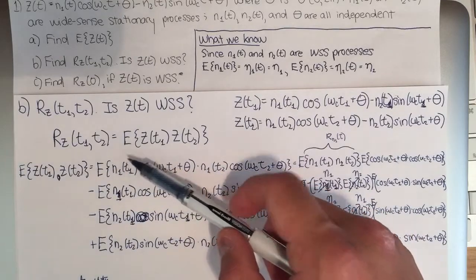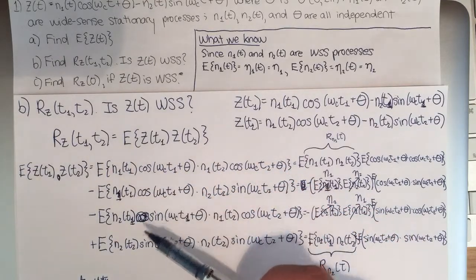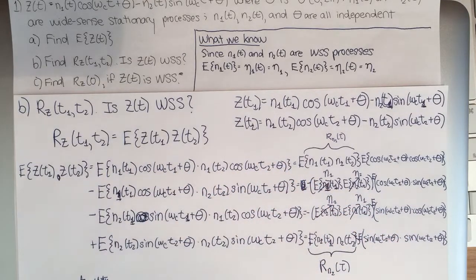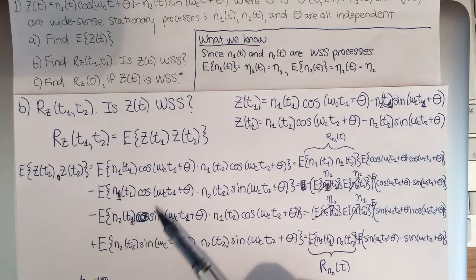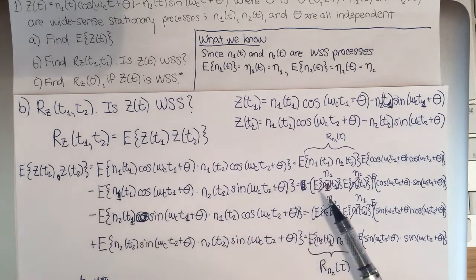I FOILed it out to these 4 terms, 1, 2, 3, and 4. Furthermore, I simplified it. Remember how we talked about, in the second and third terms, the negative terms, we have eta.